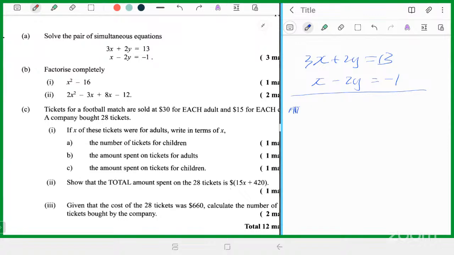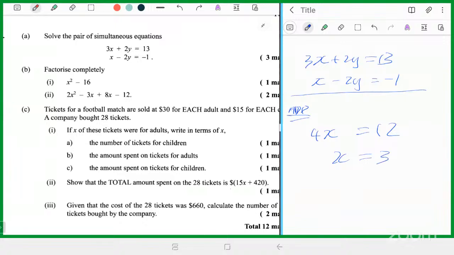Let's add them. The 3x and the x is 4x. These two wipe out each other. And 13 and -1 is 12. Divided by 4, we get x equals 3.